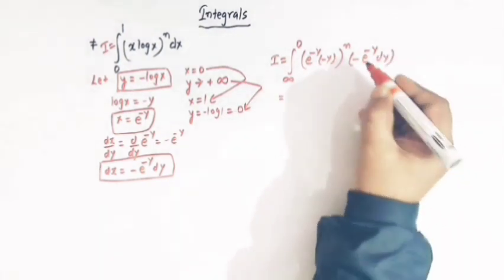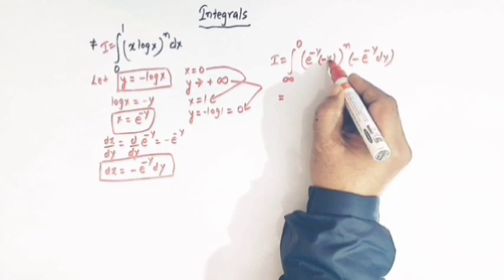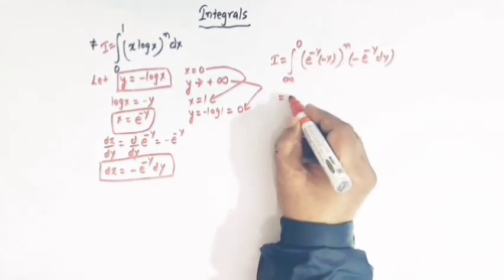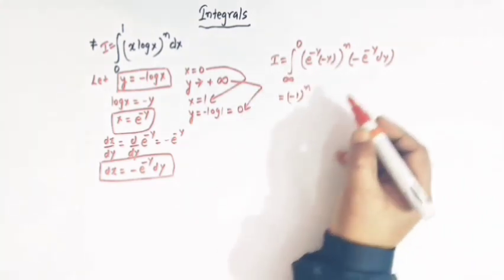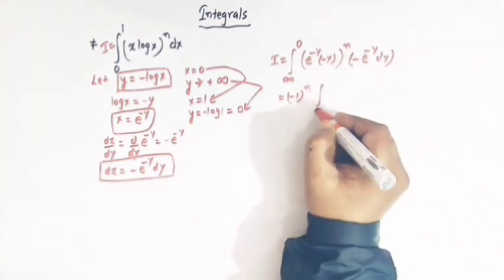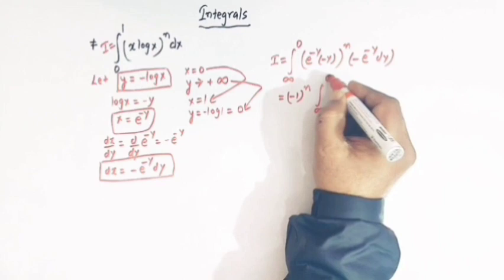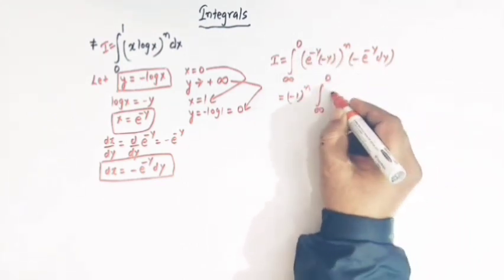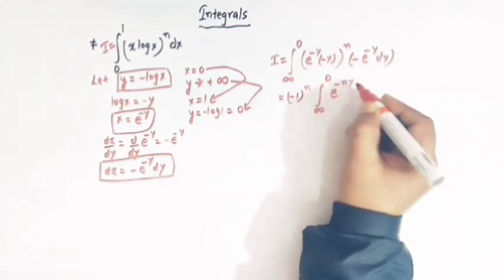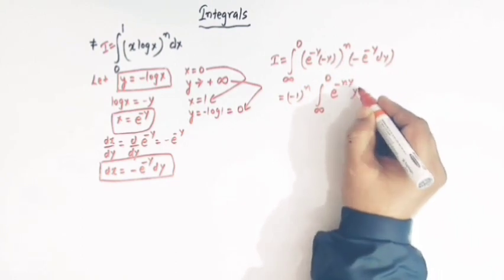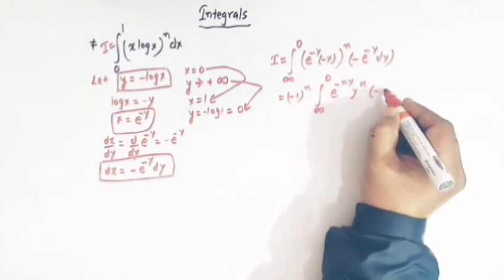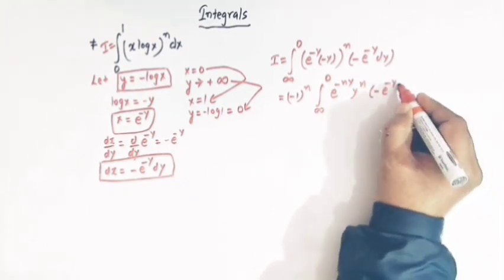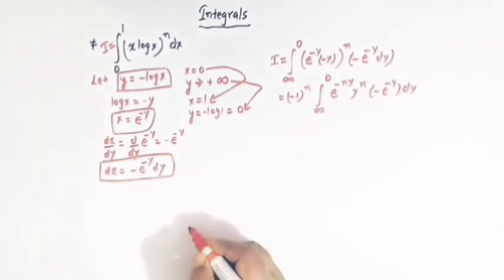Okay, now see, here we have minus y raised to n. So we can take minus 1 raised to n outside the integral, and then we have infinity, then 0 here, and here we have e raised to minus ny, and then y raised to n, and then a minus e raised to minus y dy, right?